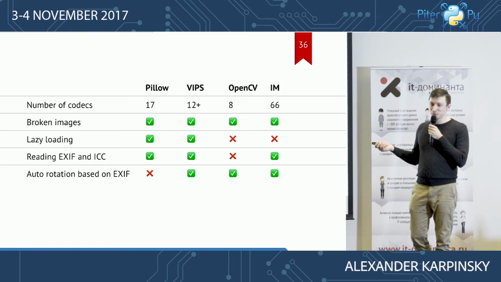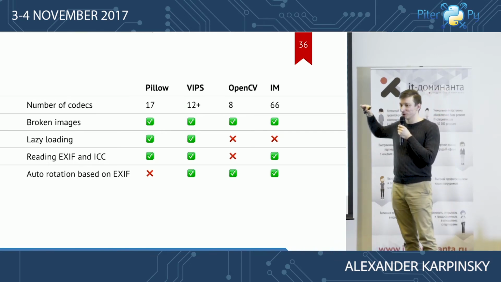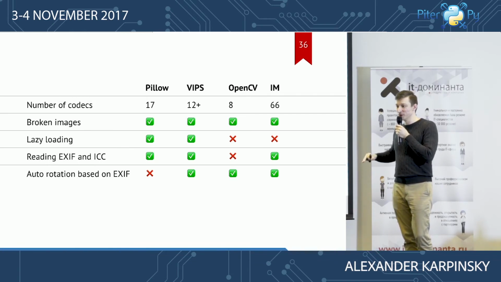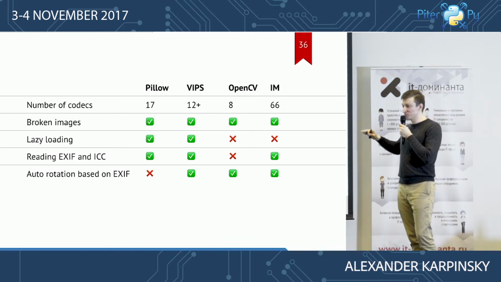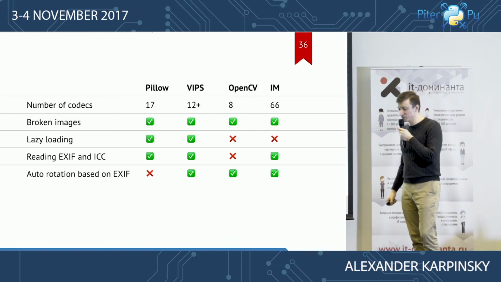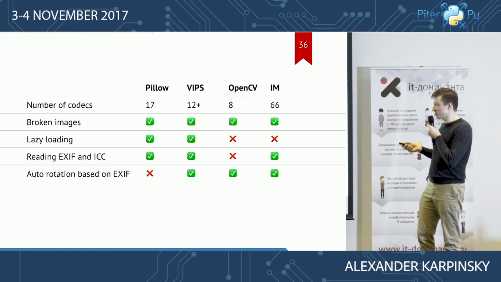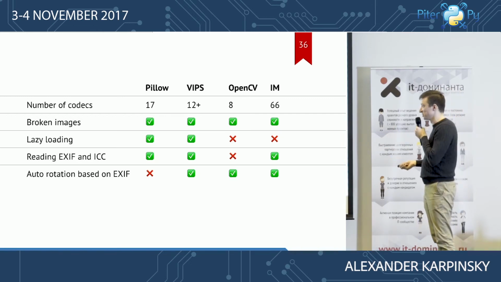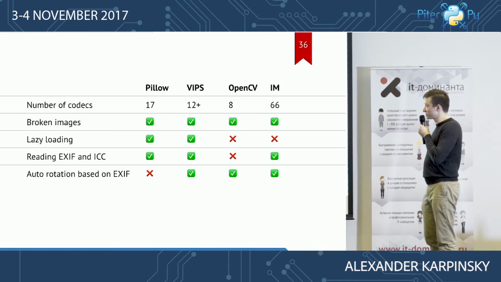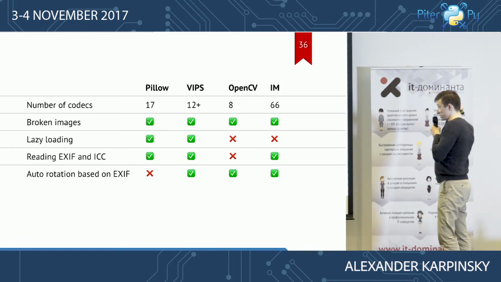If you have been working with JPEG, you know that they are not coded in the orientation in which they should be displayed, and in the EXIF tag there's an orientation which should be applied to the image after its decoding. Pillow does not do that automatically, but Pillow can read EXIF and rotate the image accordingly, so it's easy to get around it.